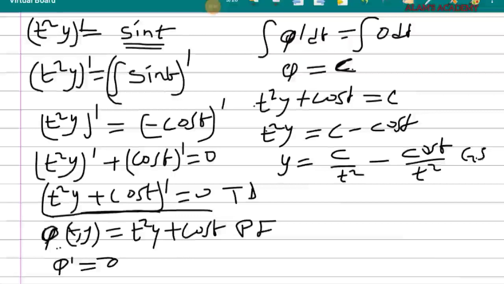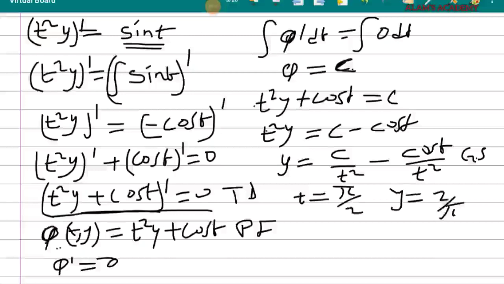So from the IVP, we can see that t is equal to pi over 2 and y is equal to 2 over pi. So we substitute inside to find c.